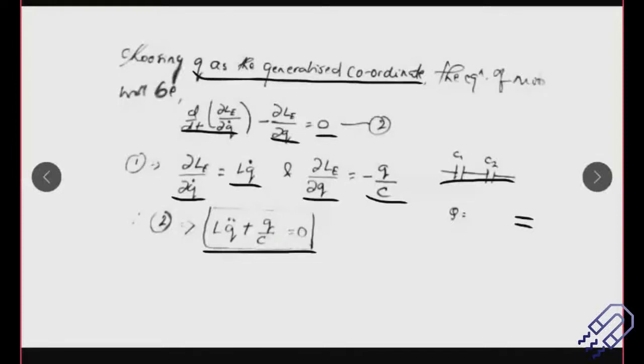So you have to be very clear on those ideas. If I give you a question, or if you come through any entrance exam, they might also give you that kind of question. So there will be a bit of tricks there. Depending on how many resistors there are, what capacitors are connected, and how they are connected, you will get the form of Lagrangian. And depending on that form of Lagrangian, you can always do your calculations.